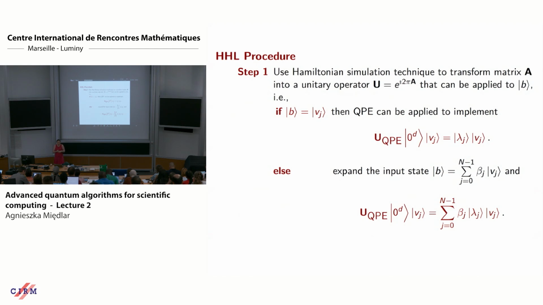You can use the quantum phase estimation, with which you can create the unitary U_QPE such that you apply it to the vector, but since it's an eigenvector, of course you get the result trivially. If it's not, then you want to expand your input state in terms of some basis. Remember classical linear algebra, we want to expand vectors in terms of very nice basis vectors, and we do it here in a similar way.